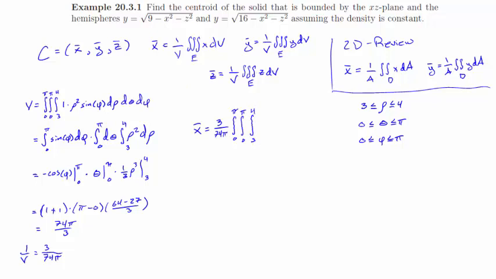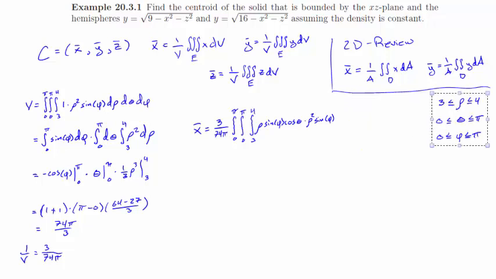But now we have to substitute x is rho sine of phi cosine of theta times rho squared sine of phi. And then we have d rho, d theta, d phi.